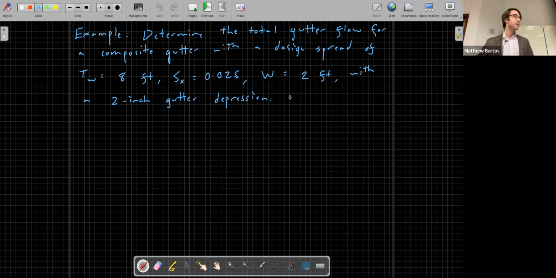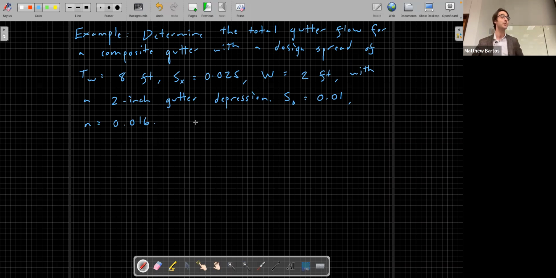The longitudinal slope is equal to 0.01, and we have a Manning's roughness of 0.016. So we want to use these equations that I specified in the previous slide to determine the total gutter flow, the total discharge in the gutter, for a design spread of 8 feet with these parameters for the gutter geometry.